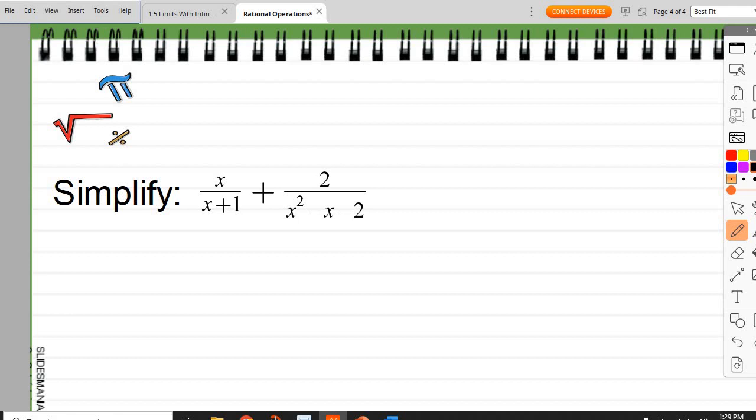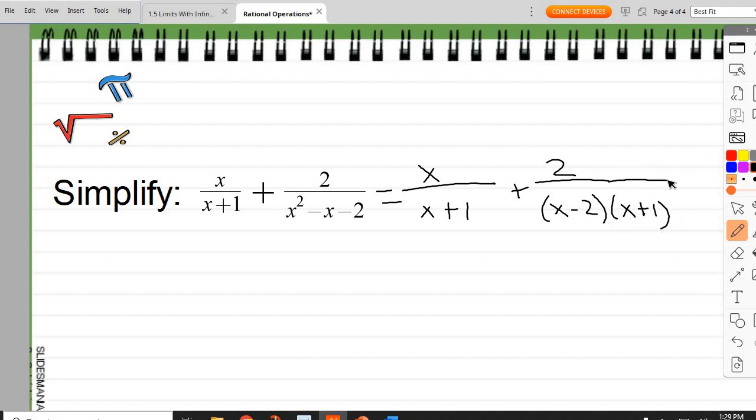The second denominator. Again, we can look at our C value and our B value. So we're looking at what multiplies together to give us a -2, that adds together to give us a -1. What do we think? A -2 and a +1 is what I heard.